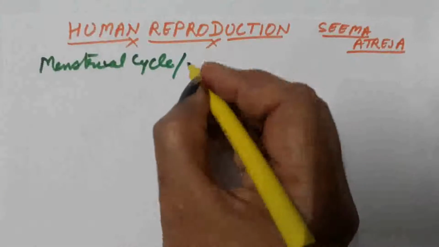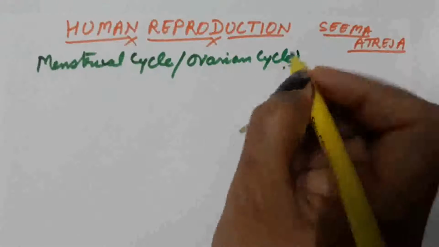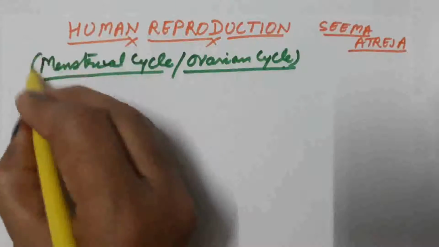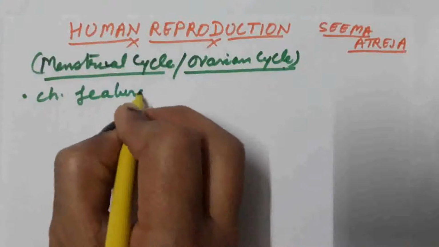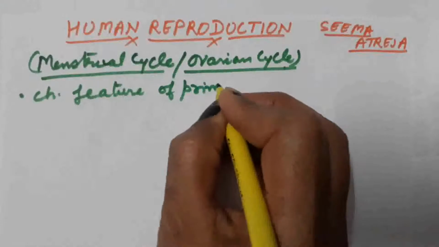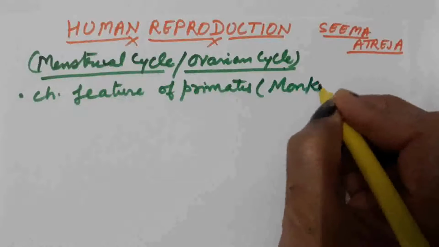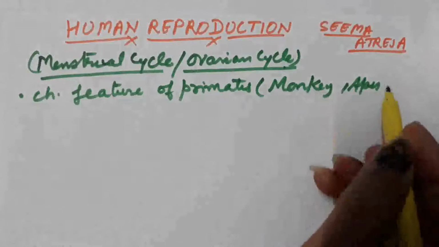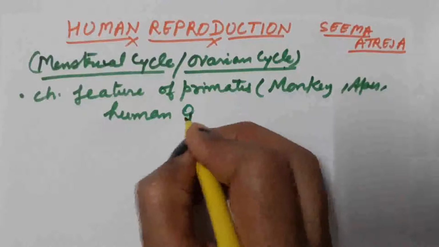We also call it the ovarian cycle. It is the characteristic feature of primates like monkeys, apes, human beings or human females.